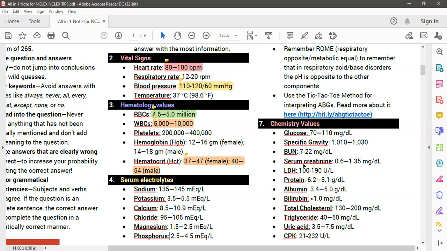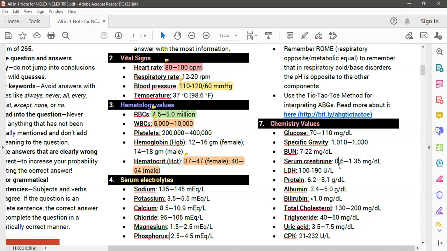Next is creatinine, serum creatinine. Usually it is 0.6 to 1.35 milligram per dl.